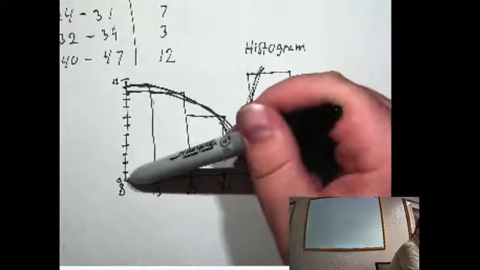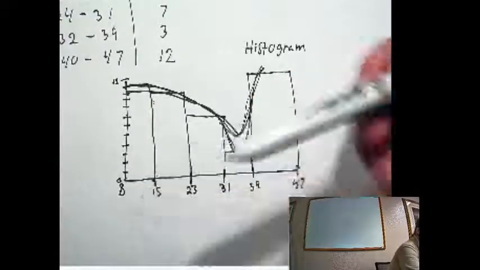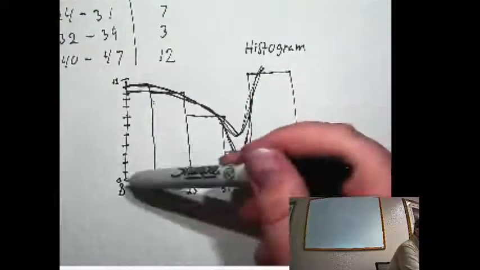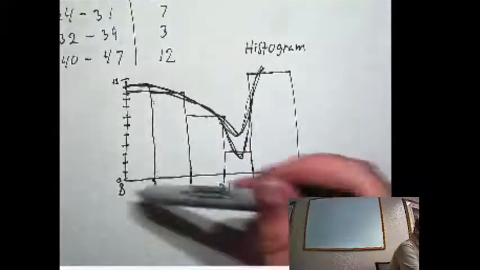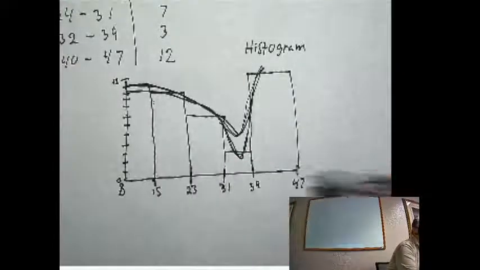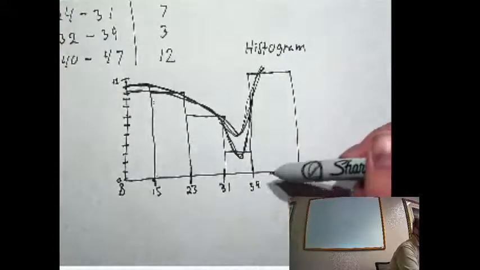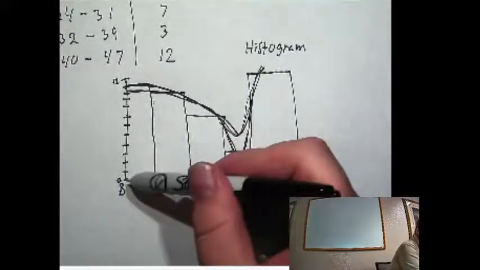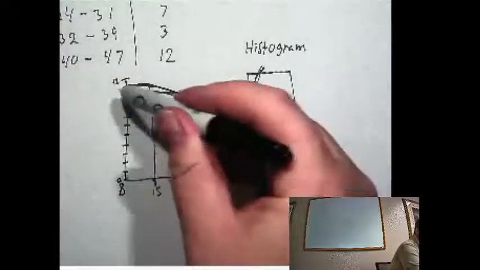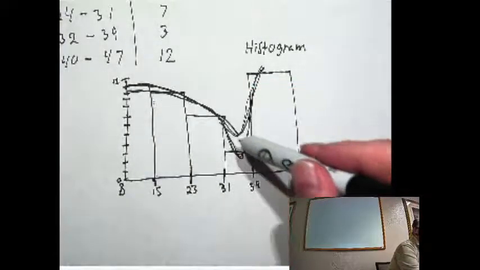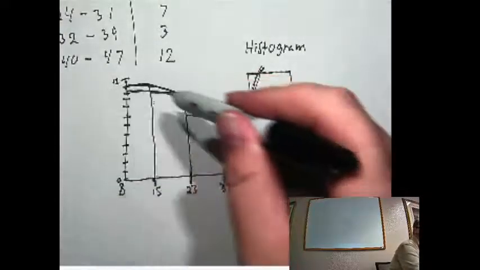You know, these people are only spending 8 to 15 hours. It's the lower end. And then as we go this direction on our horizontal axis, this is increasing amount of time worked on homework. So we can see as we go through here, what's going on with the amount of people. It's dropping.